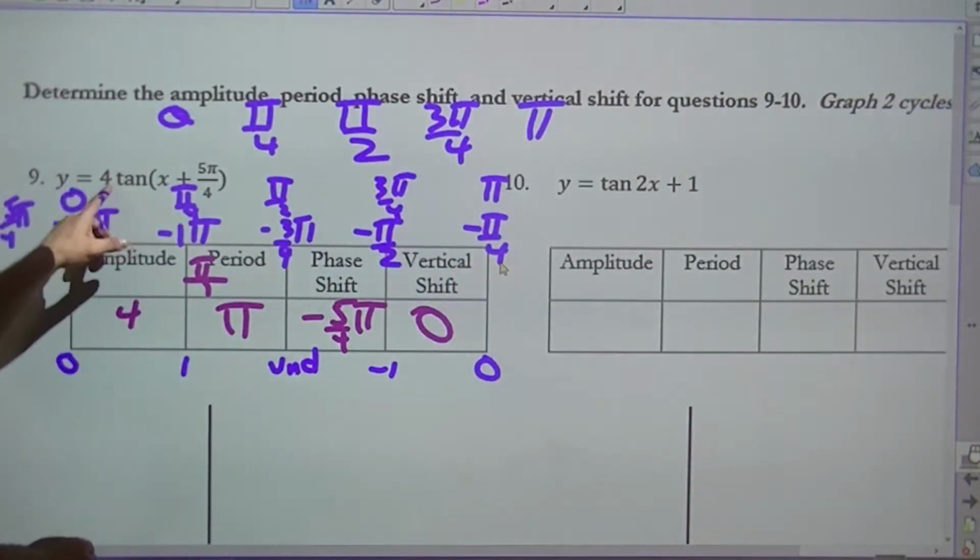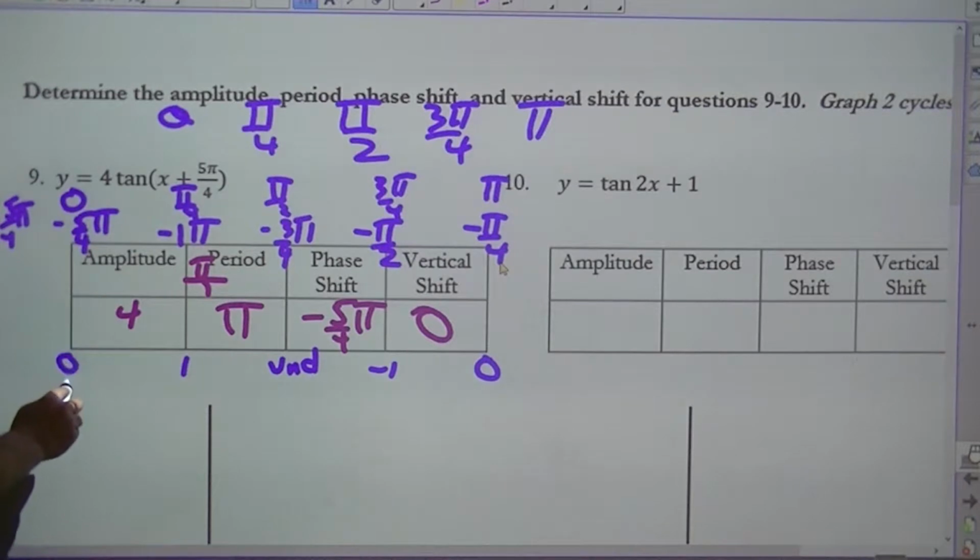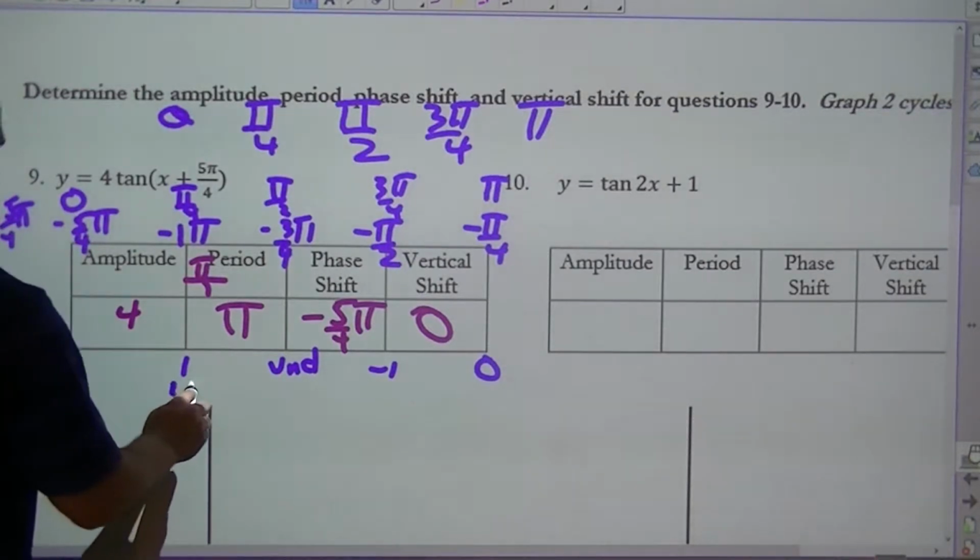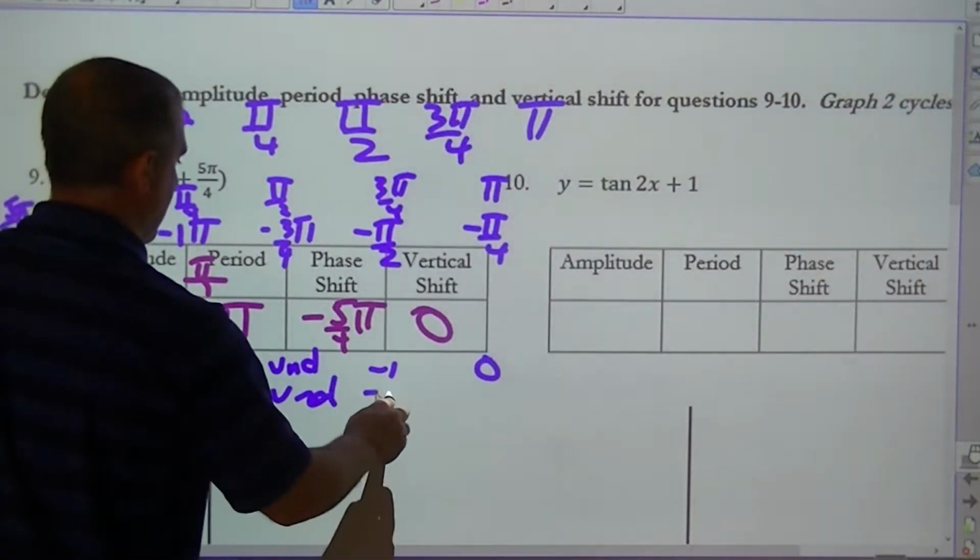Okay, what's going to happen to my values here? It's going to be times 4, so that's going to be 0, 4, it stays undefined, negative 4, and 0.